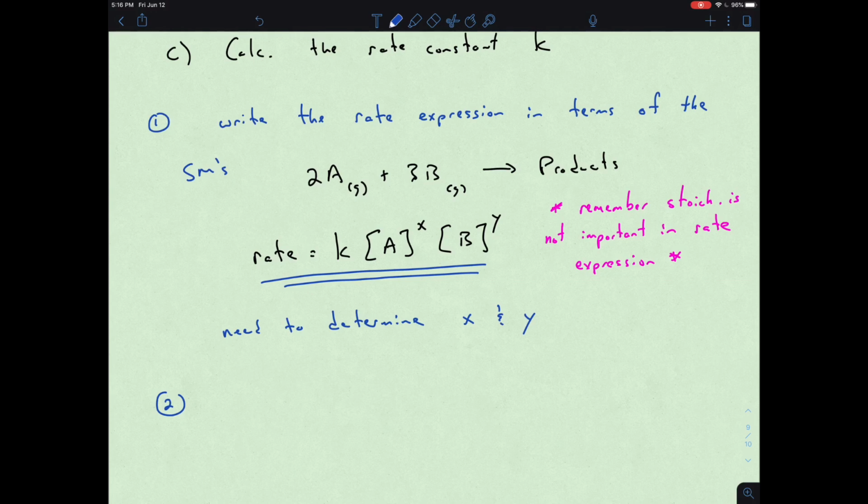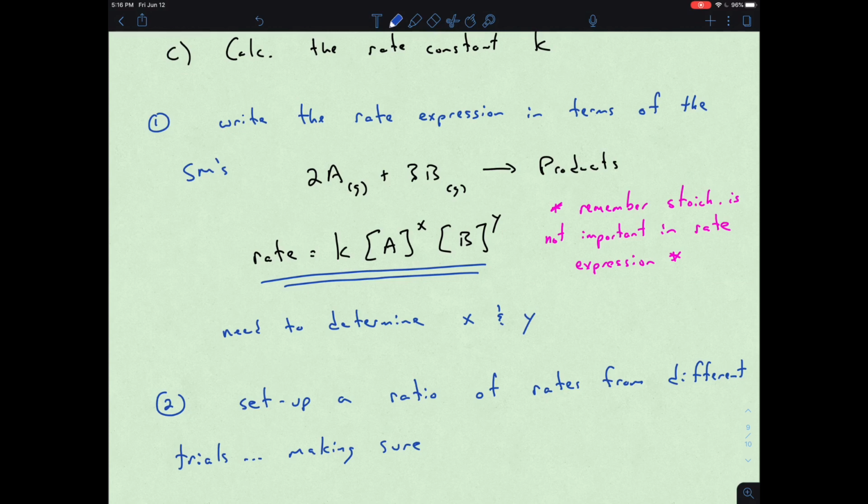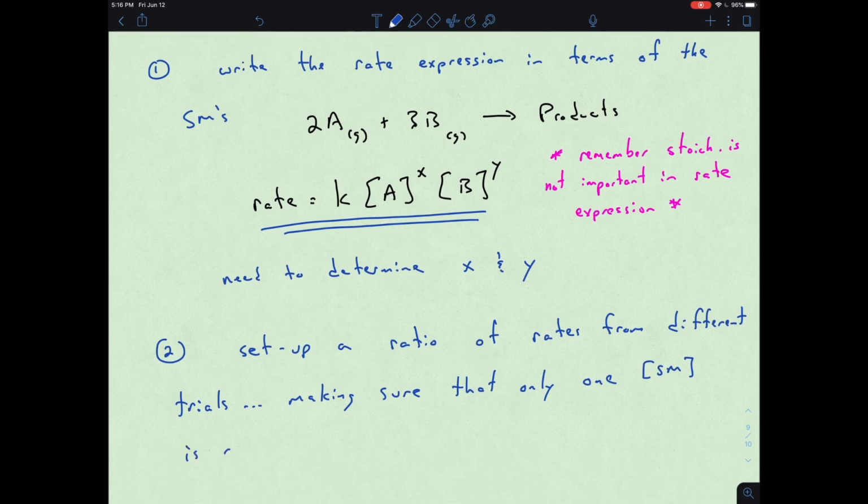Step 2 is to set up a ratio of rates from different trials, making sure, and this is really important, that only one starting material is changing in terms of concentration or in terms of pressure.